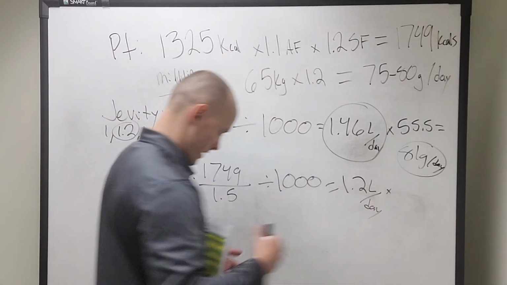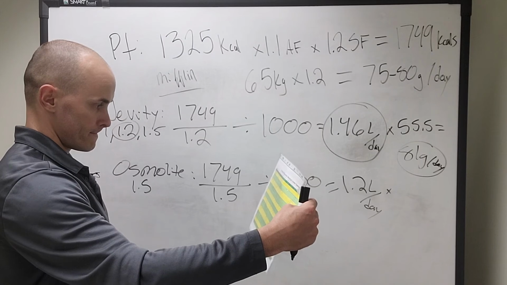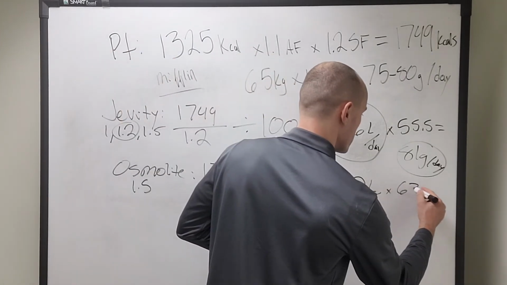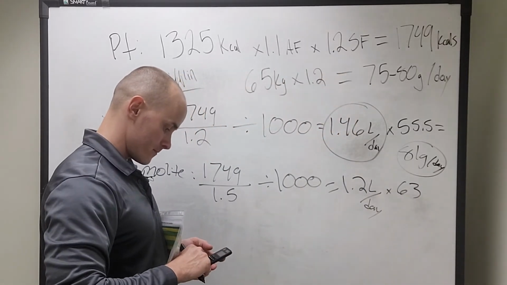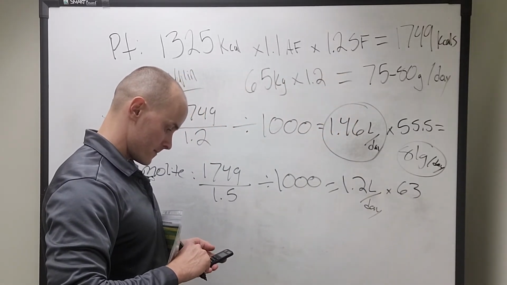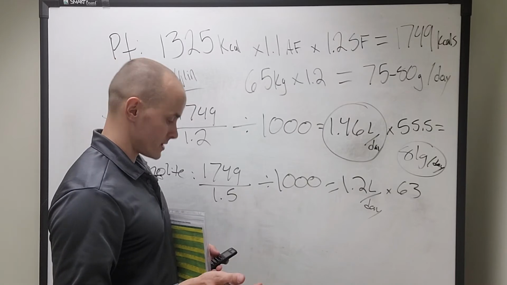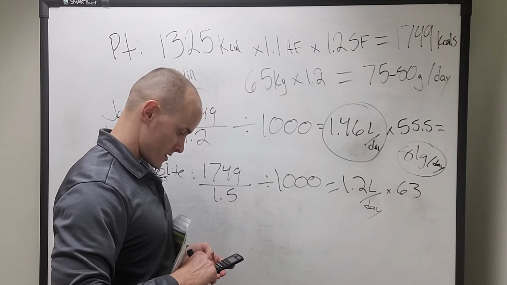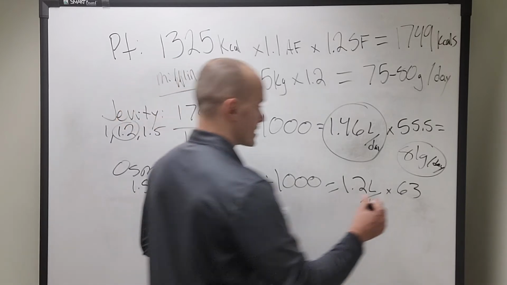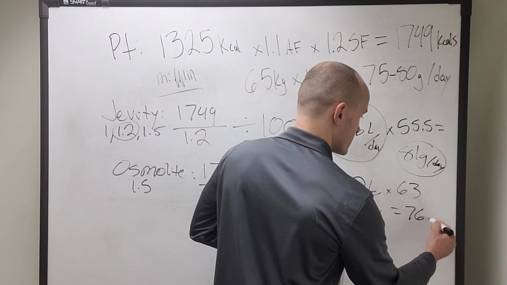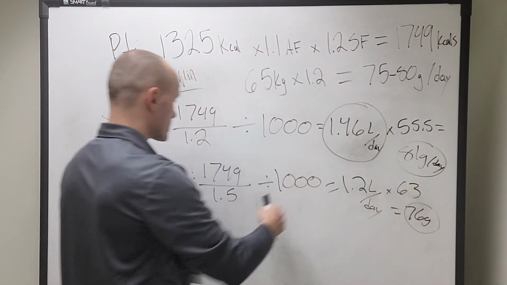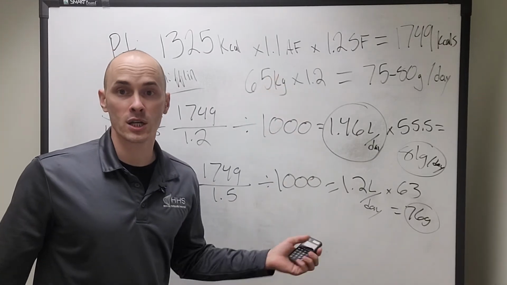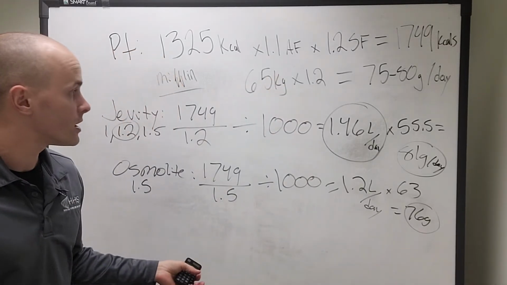Now multiply that by 63 grams of protein per liter will give you roughly 70, let's just do the math accurate. 1.2 times 63 gives you 76 grams. So technically you could use Osmolite for this patient and meet their caloric and their protein needs.